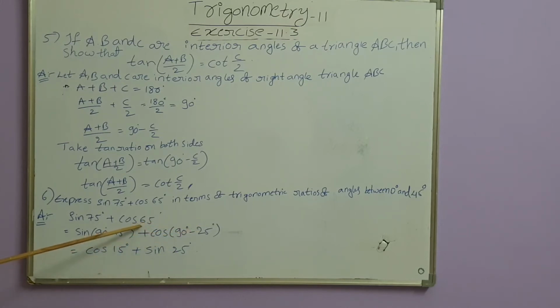Sine of 90 degrees minus 15 degrees plus cos of 90 degrees minus 25. Sin of 90 minus A is cos A, so cos 15 degrees, plus cos of 90 minus A is sin A, so here A is 25, sin 25 degrees. The ratios are between 0 degrees and 45 degrees, between 15 and 25 degrees.